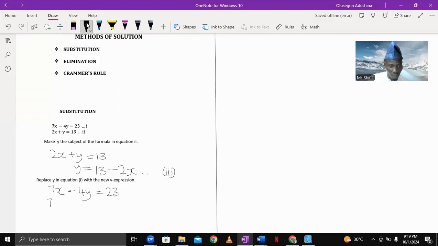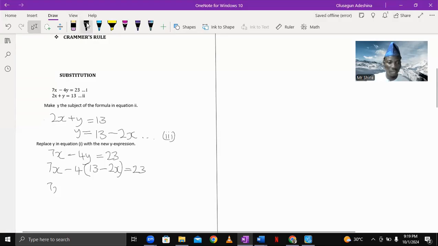Now we are rewriting 7x minus 4 times y, but instead of y, we are using the new y expression, which is determined in equation 3, and that is 13 minus 2x. So equation 1 says that 7x minus 4y equals 23. All right, now we can solve.